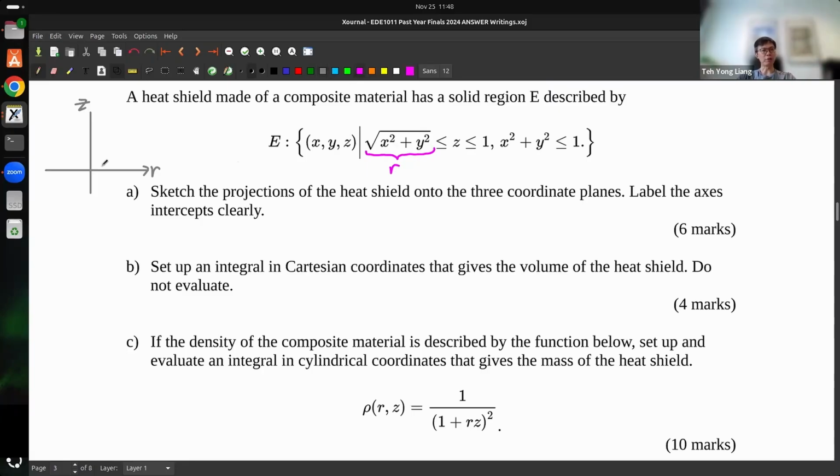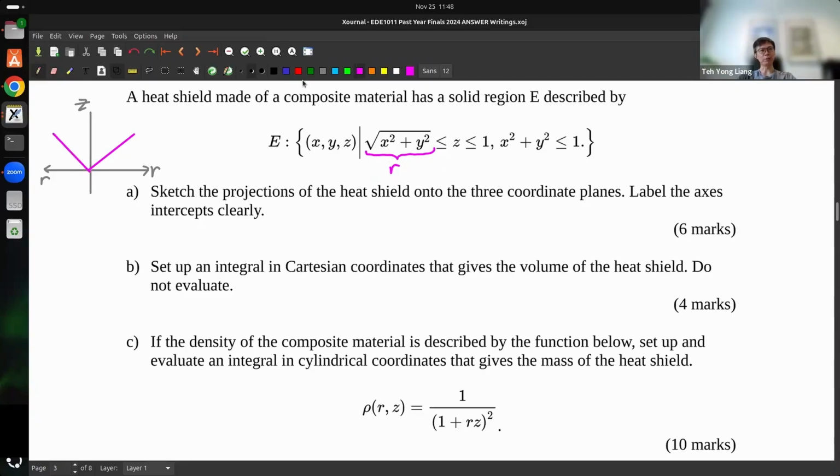So z equals r must be a 45-degree line, correct? But r is in all directions, so this direction is also r, so z equals r will also appear to be this shape. You can see that this is the lower bound.